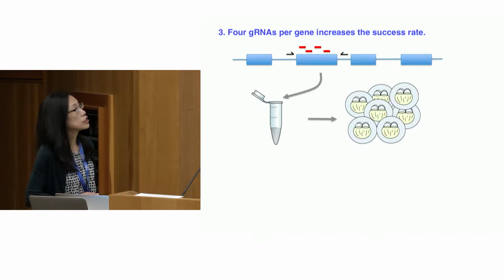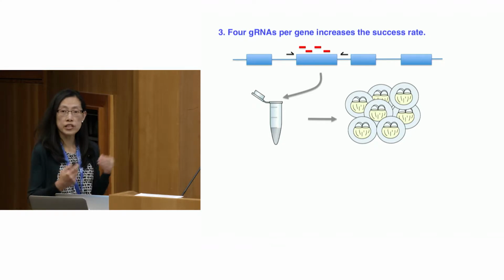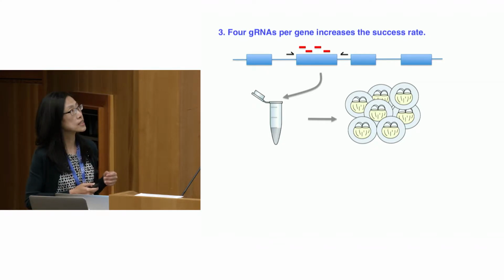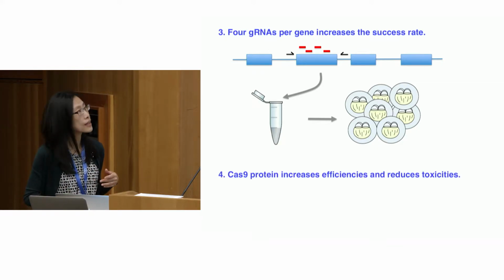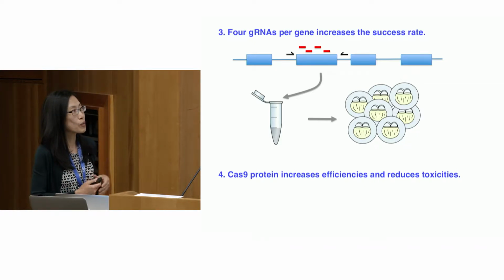And then, in general, now we design 4 guide RNAs per gene, and we co-inject them to ensure very high success rate and mutation efficiency. And I think this is actually quite important, quite an improvement in the efficiencies.